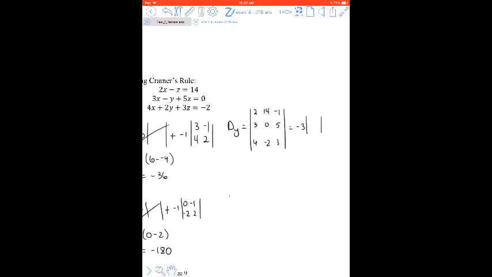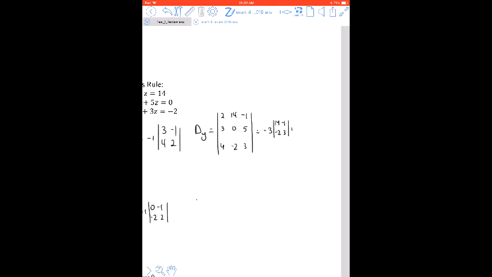And if you cross out the row and the column containing the 3, you've got 14, negative 1, negative 2, and the 3. Then I've got plus, but then I've got a 0, and that's just going to cancel out, and then minus the 5.